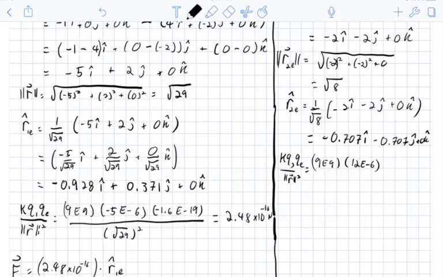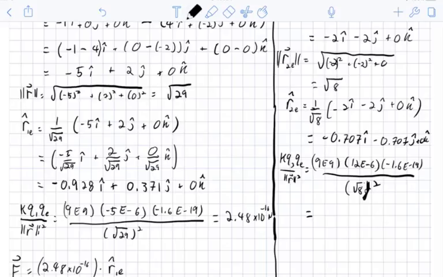And an electron is minus 1.6 E minus 19, square root 8, all squared. 9E9 times 12E minus 6 times minus 1.6 E minus 19.